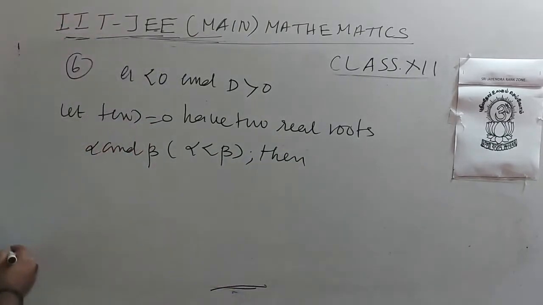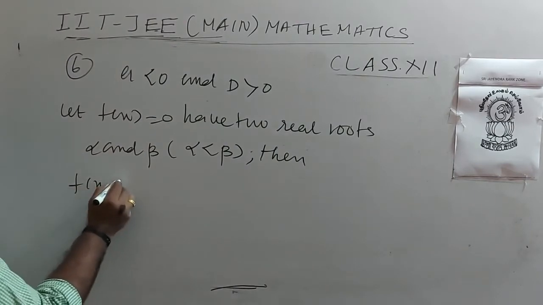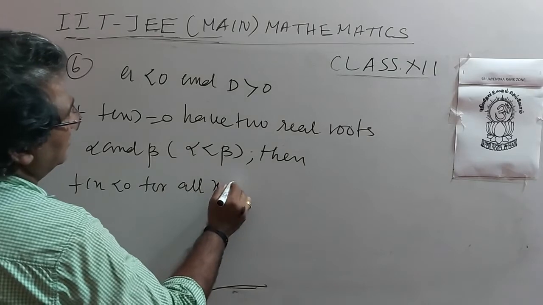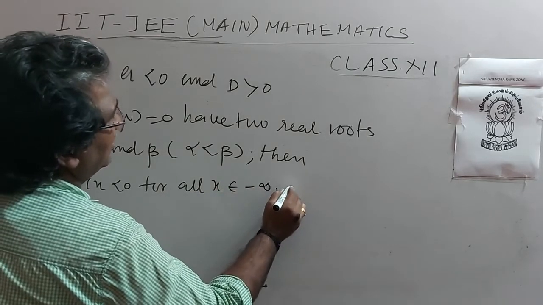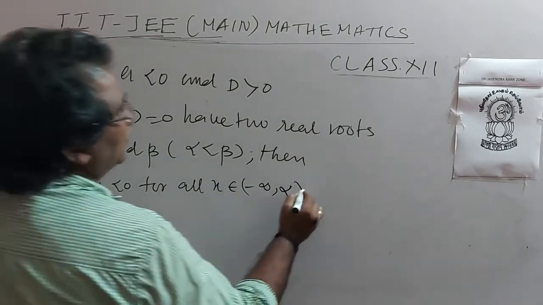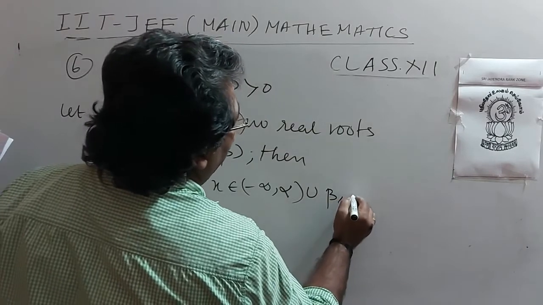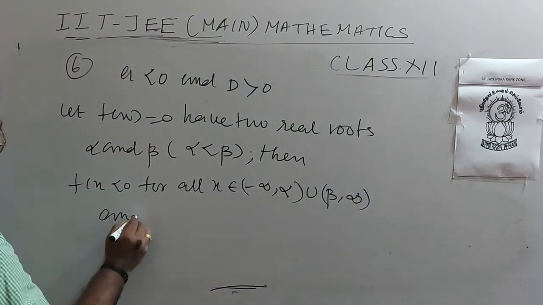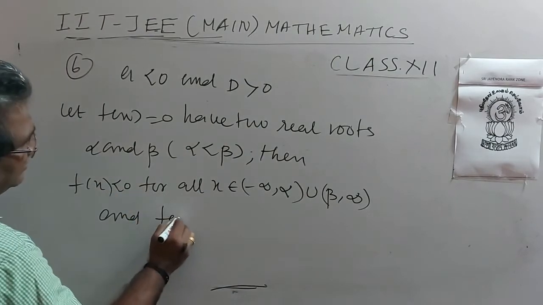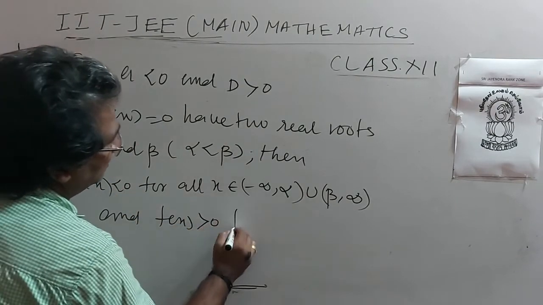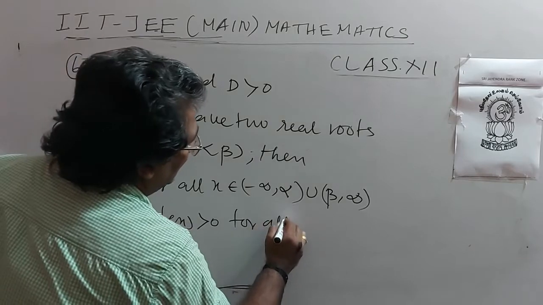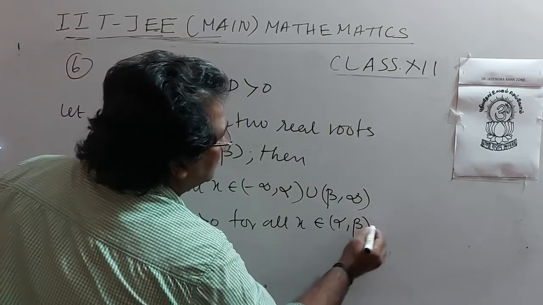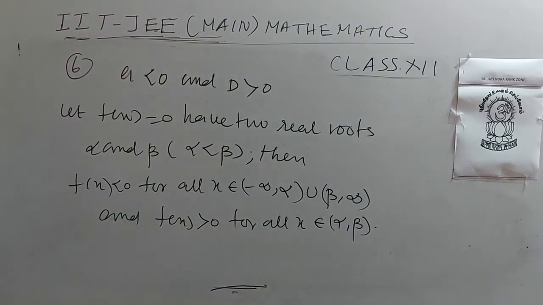Then f of x less than 0 for all x belongs to minus infinity comma alpha union beta comma infinity, and f of x greater than 0 for all x belongs to alpha comma beta.